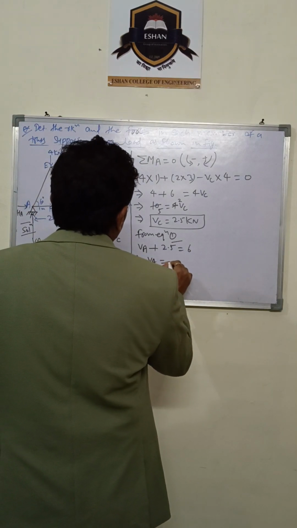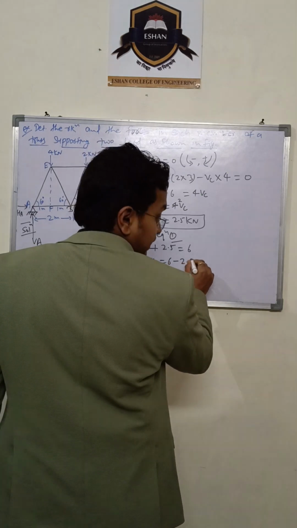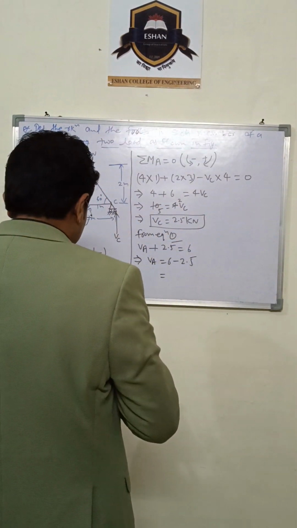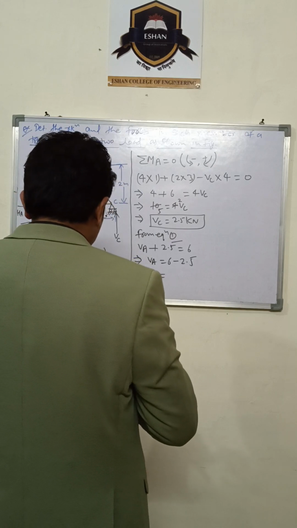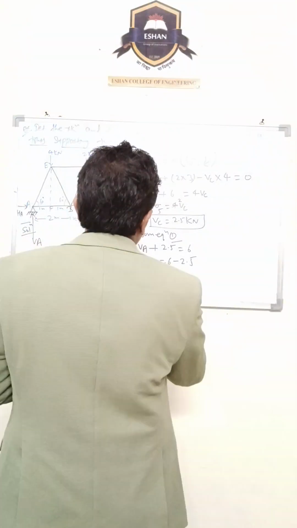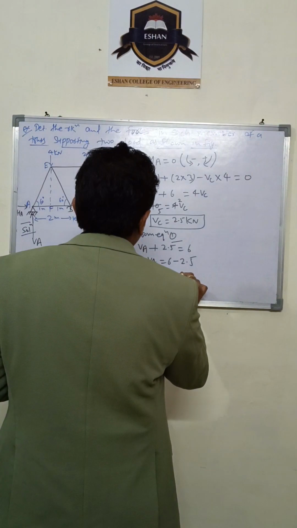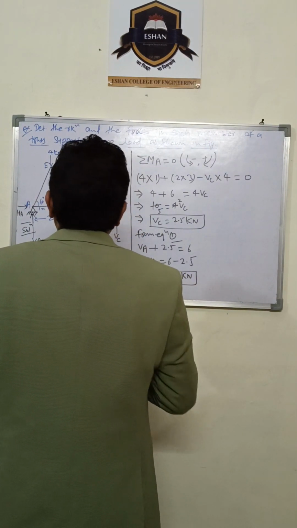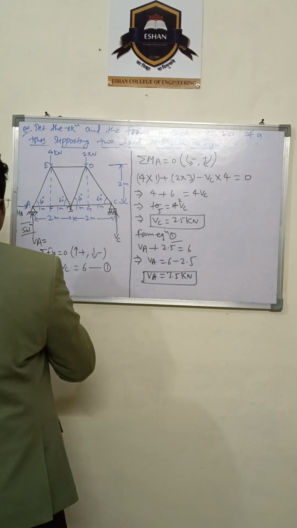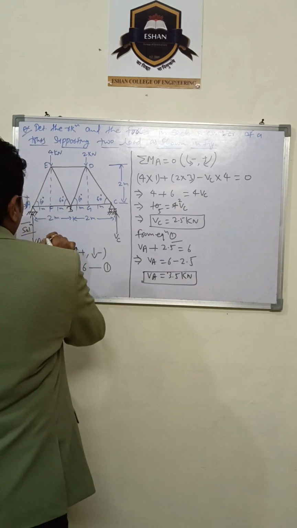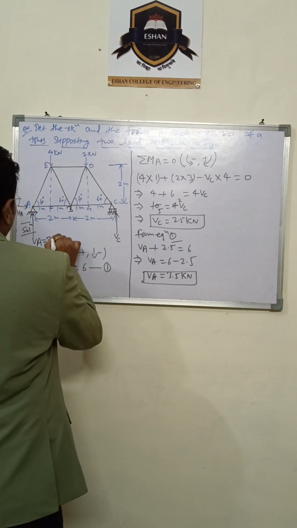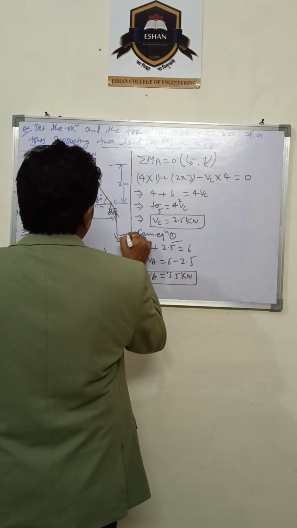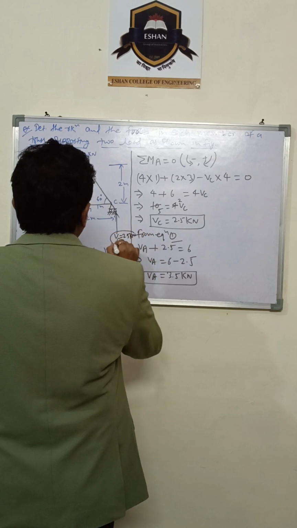VA equal to 6 minus 2.5, that means we get 3.5 kilonewton. So the two support reactions are VA equal to 3.5 kilonewton and VC equal to 2.5 kilonewton.